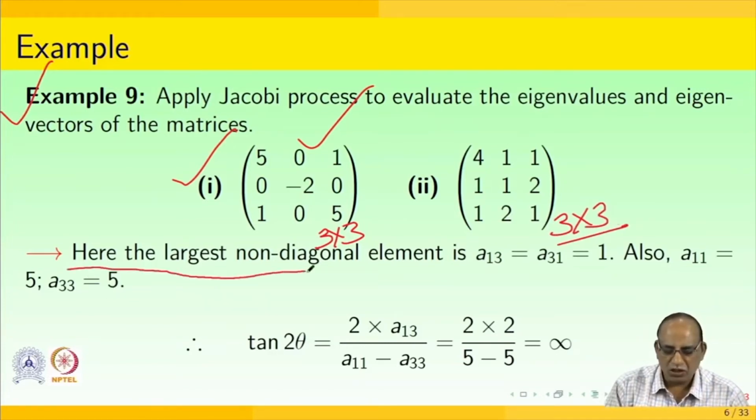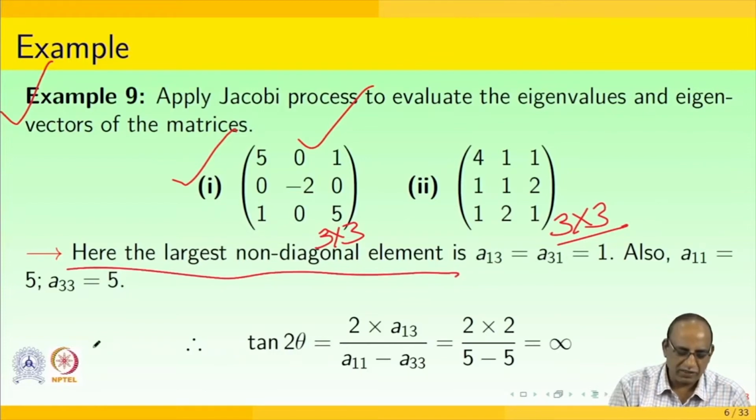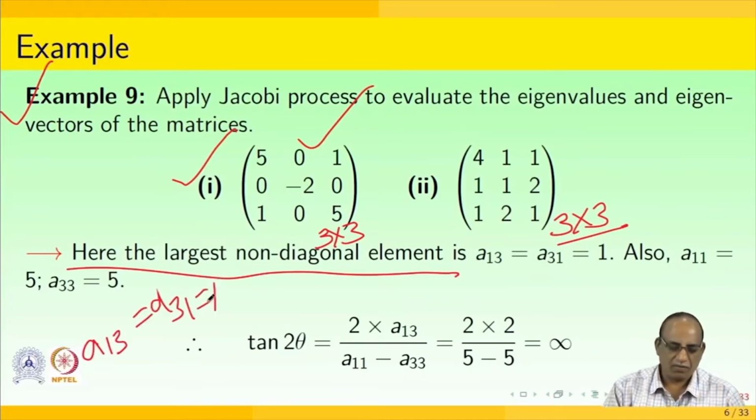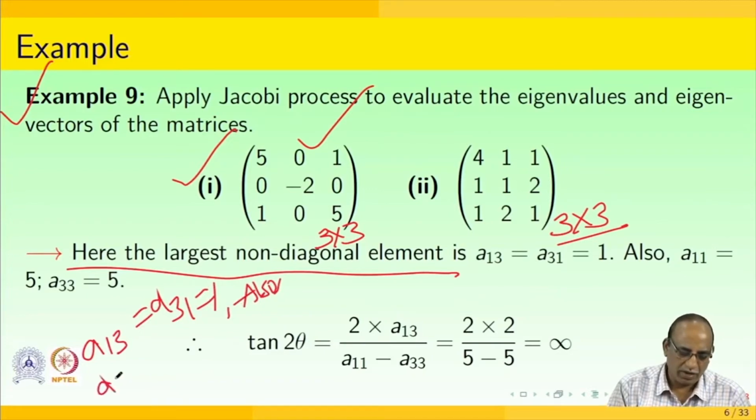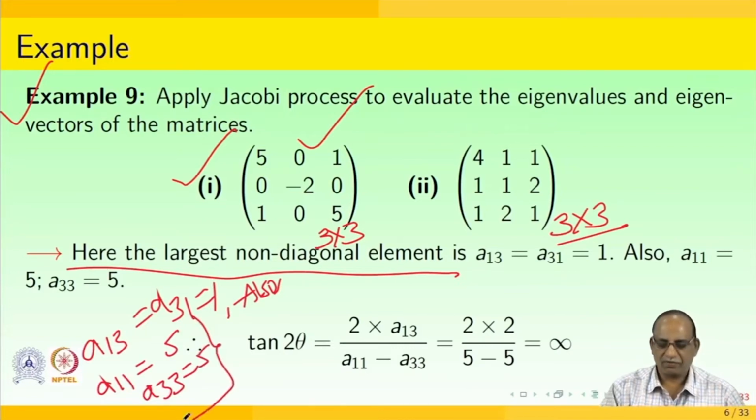Here the largest non-diagonal element, that is A13 equals A31, is equal to 1. Also A11 is equal to 5, A33 is equal to 5.